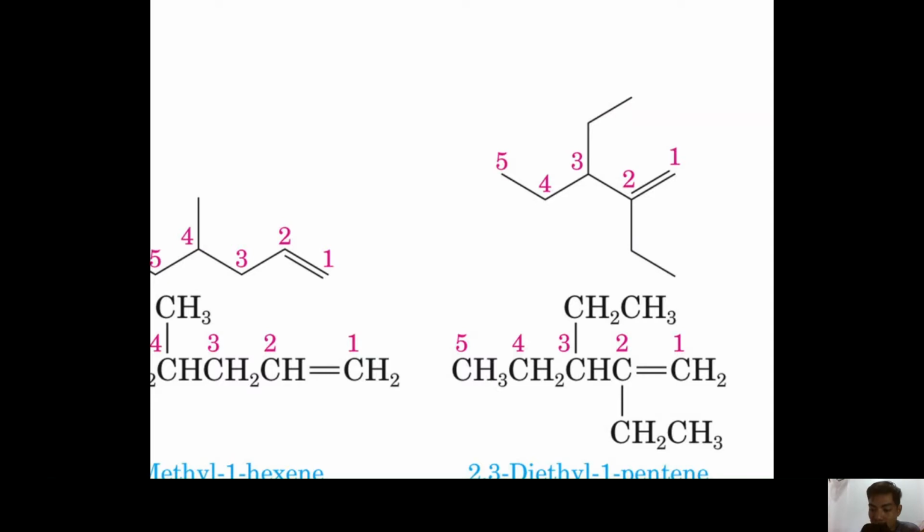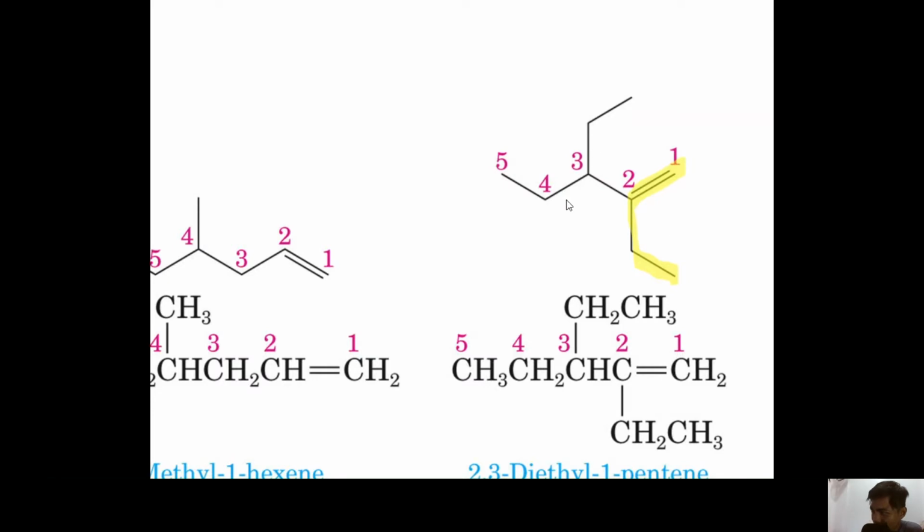So, ano yung magiging longest chain containing the double bond? Is this one? No. 4 na carbon yan. 1, 2, 3, 4, 5. 5 pala. Okay. So, 5 yan. Actually, that's the same as this one lang pala. Same lang pala sila. Pero ito, hindi yan yung magiging long chain mo. 3 carbon lang yan eh.